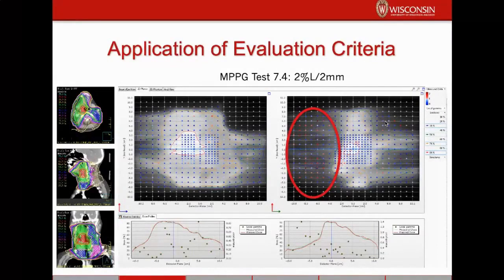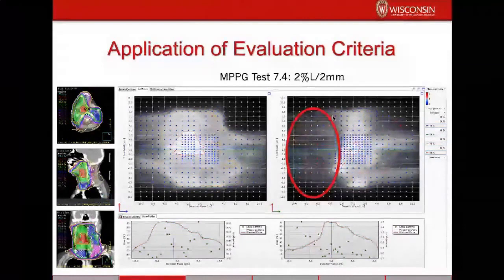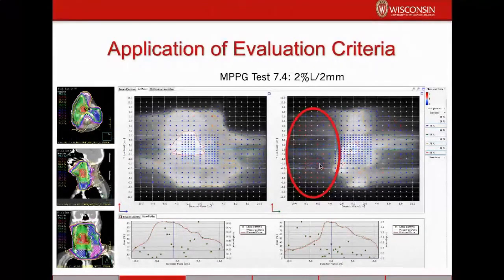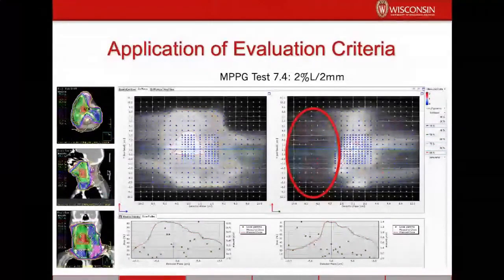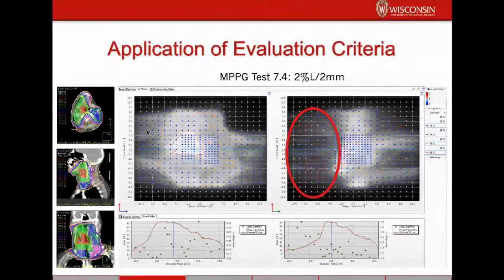If we run it again at 2% local, 2 millimeters distance to agreement, we can see that there's an area of out of field dose where the dose calculation doesn't agree as well with the measurements. In this case, this is actually in the posterior neck, which corresponds perhaps to the area where the spinal cord is located. And so this might be an opportunity to go back to our model and make an improvement based on this information.